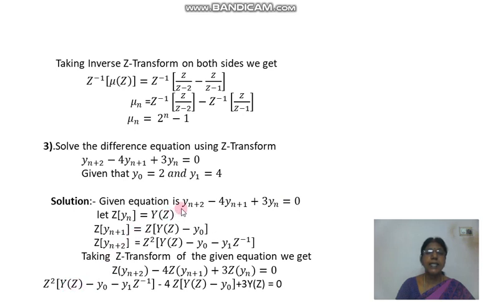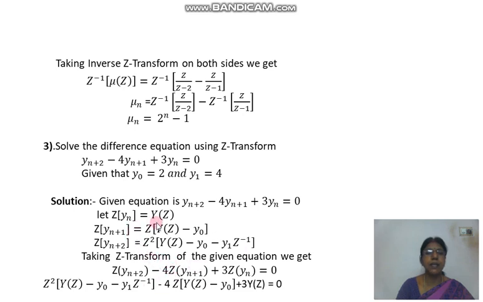We get Z transform of y_{n+2} minus 4 Z of y_{n+1} plus 3 Z of y_n is equal to 0. Now substitute this Z of y_{n+2} term here: z square Y of z minus y_0 minus y_1 z inverse, minus 4 Z of y_{n+1}.